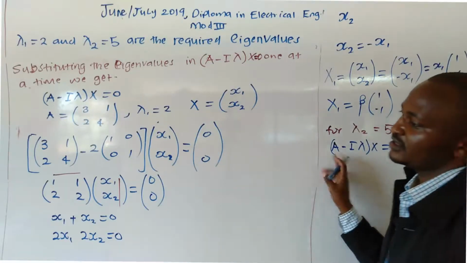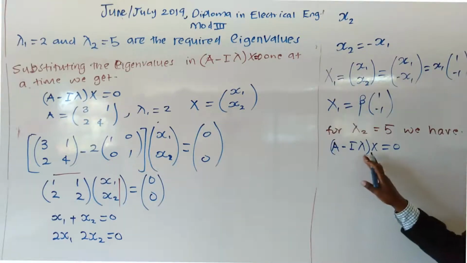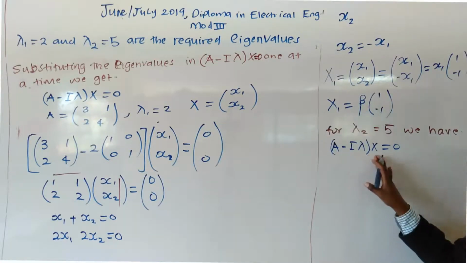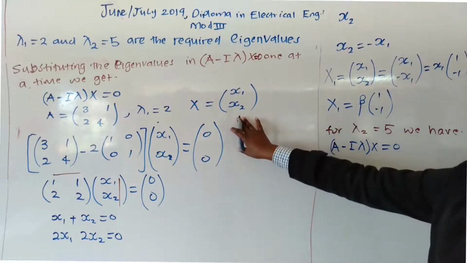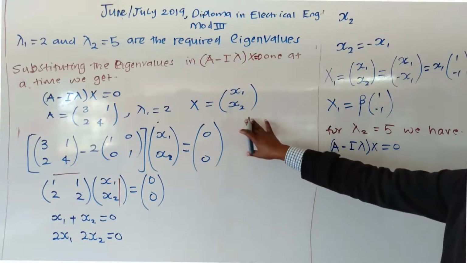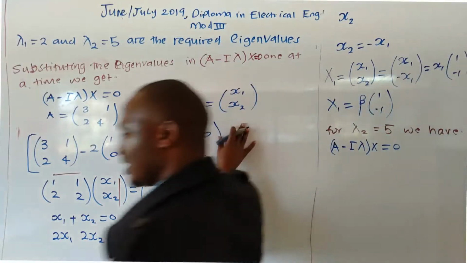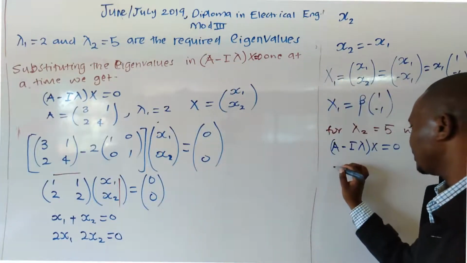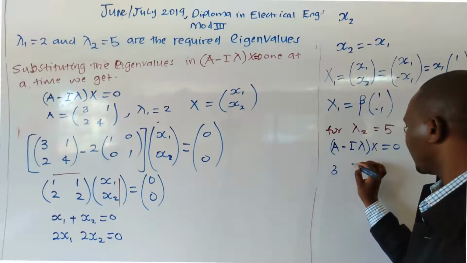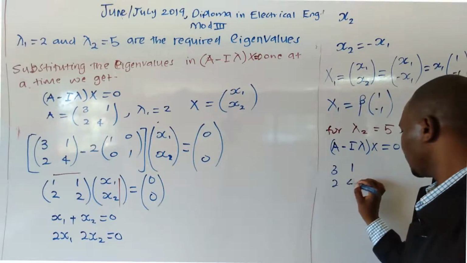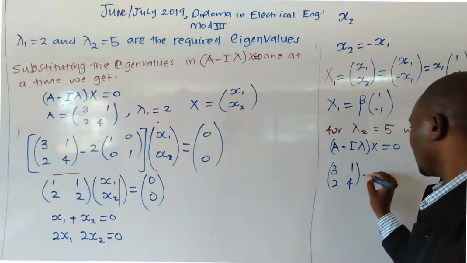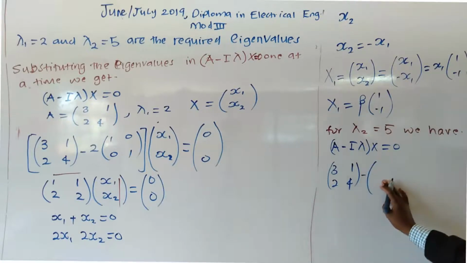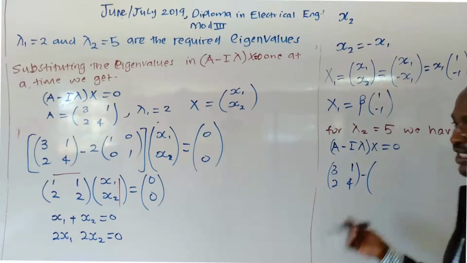We know A is a square matrix, lambda is the second eigenvalue, and x, as we have seen, the eigenvector, is a column matrix. And therefore we have A is 3, 1, 2, 4, minus the identity matrix multiplied by lambda.